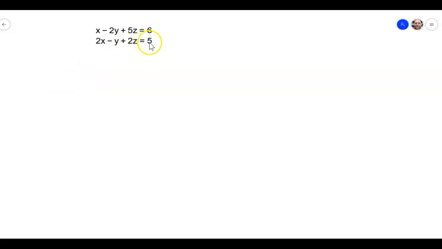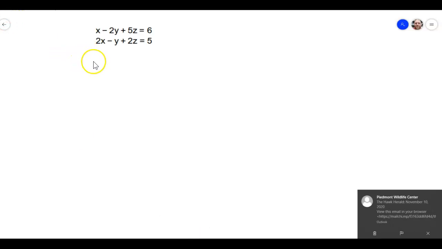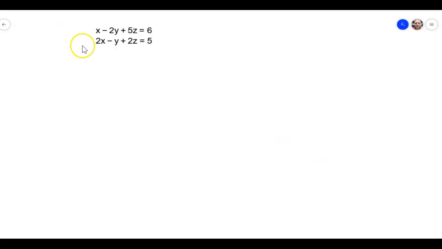So the first thing that I want to do is, it looks like I can pretty easily get rid of these y's. That way I can get the answer for z in terms of x. So in order to get rid of the y's, I can multiply the second equation by -2.